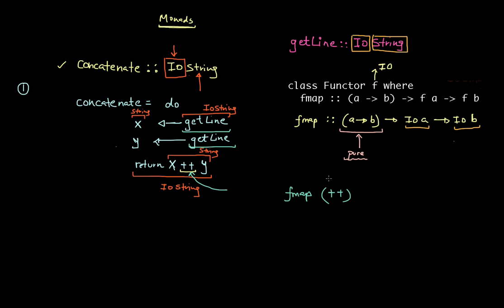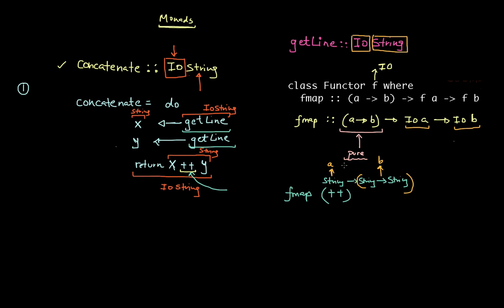What ++ does is take in a string and give back a string as output. If I apply currying, this is identical to the signature over here, where the first input is of type A, and the output is a function of type B.